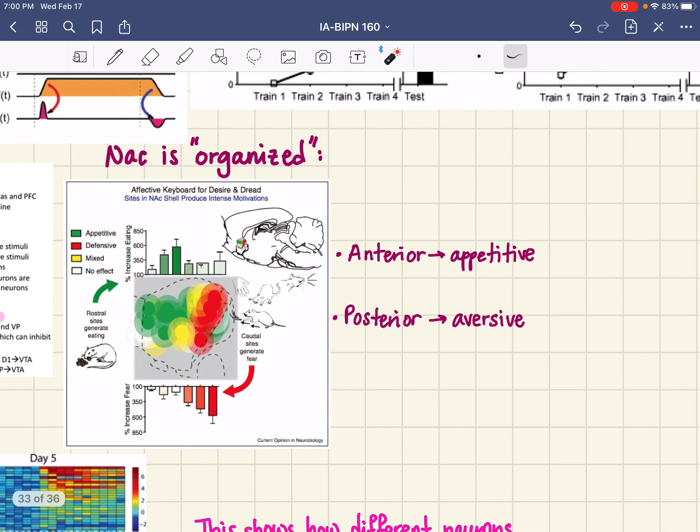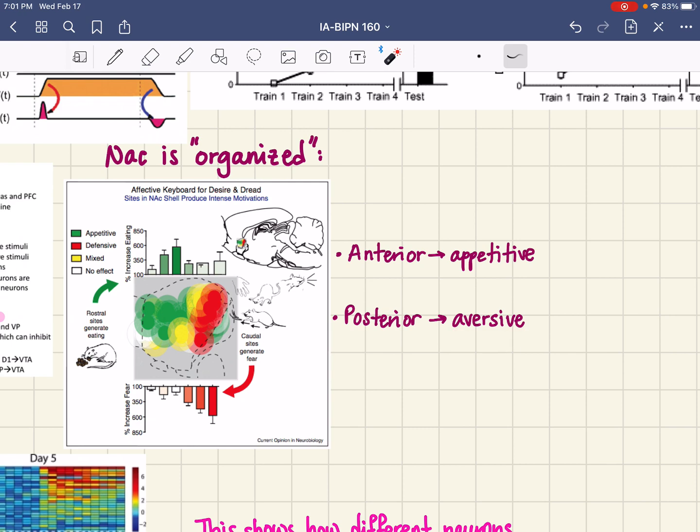When we look at the nucleus accumbens by itself, we can see that it is organized, in a sense. And by organized in quotes, I mean the anterior portion of nucleus accumbens responds to positive or appetitive stimuli, and then the posterior side of the nucleus accumbens responds to aversive stimuli.